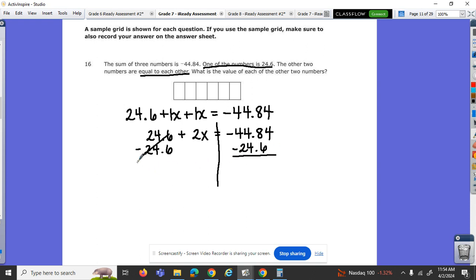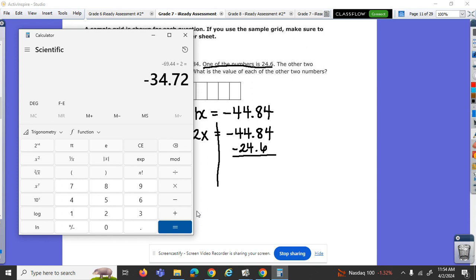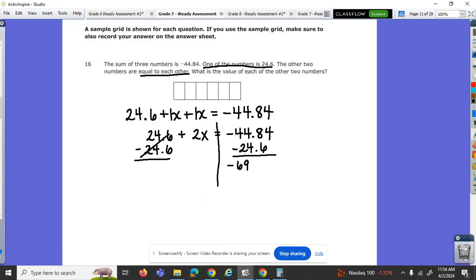And good news, we've got our calculator to help us speed up. Just have to be careful on our negatives. Okay, so negative 69.44.